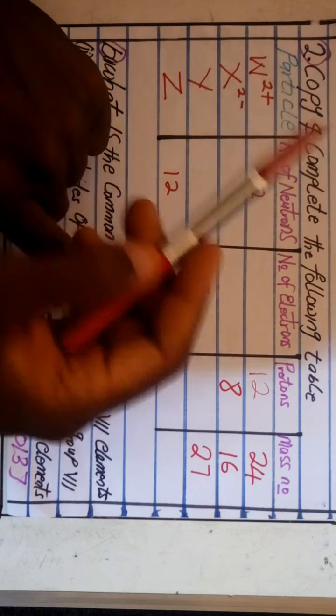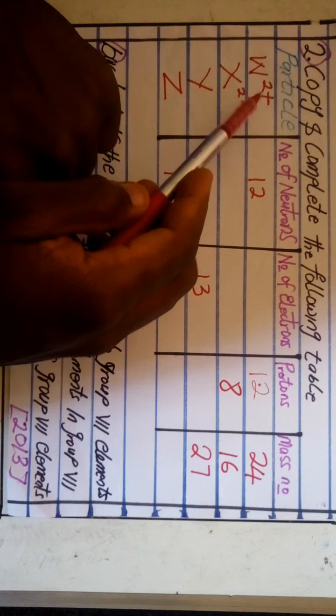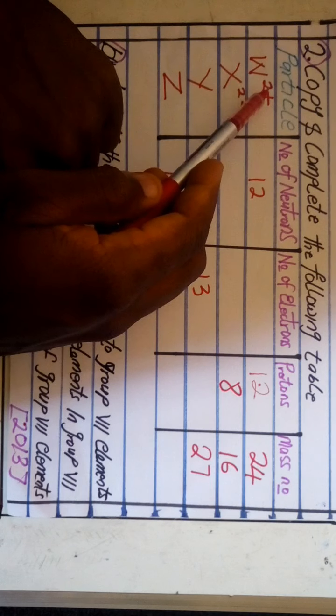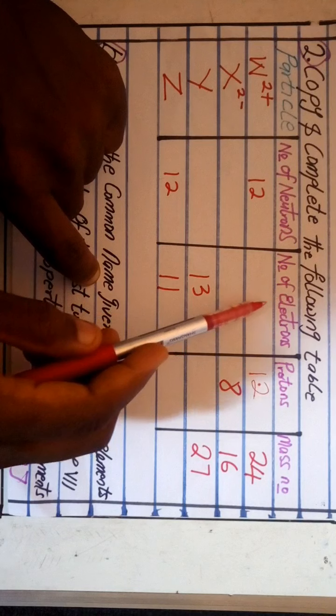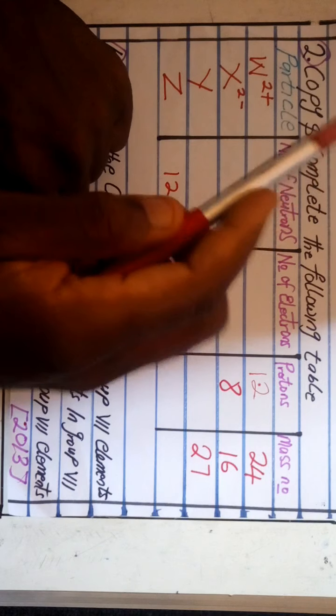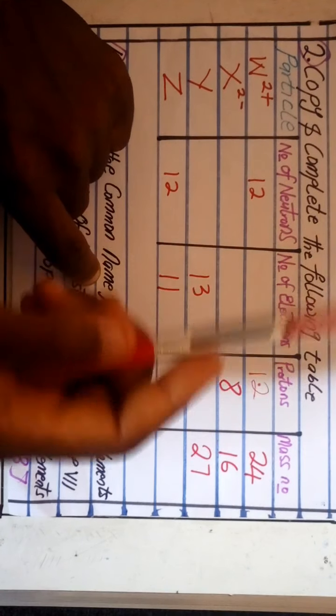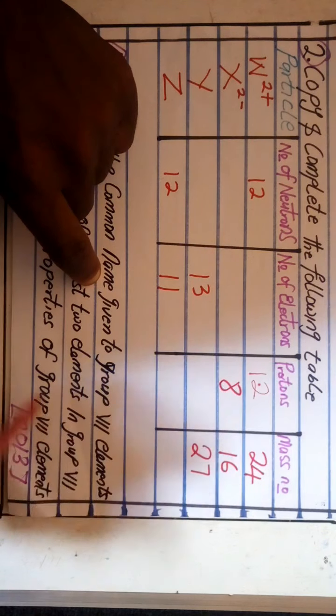So you subtract 2 from 12. If it's minus, then you have to add. But in this case, it's plus 2, so you subtract 2 from 12. 12 minus 2 is 10.